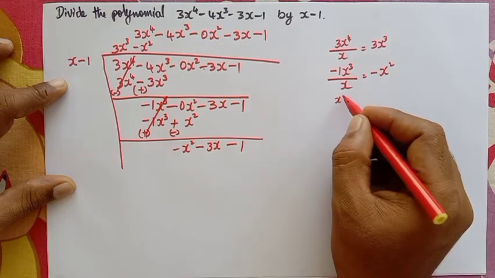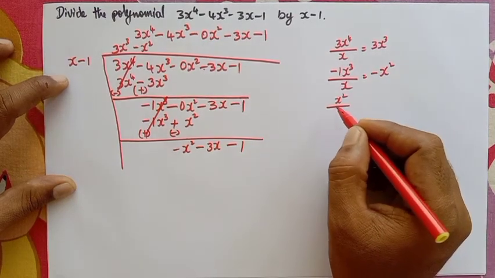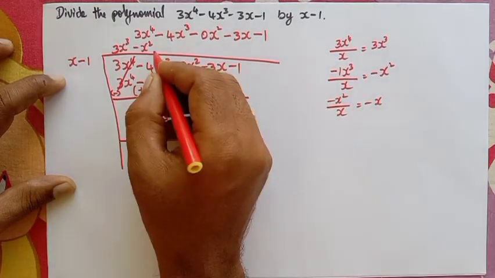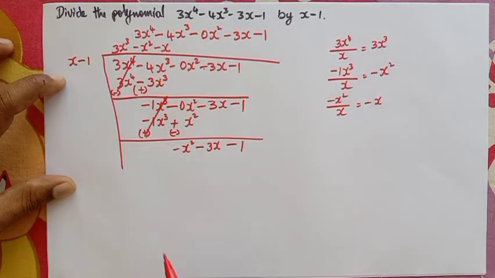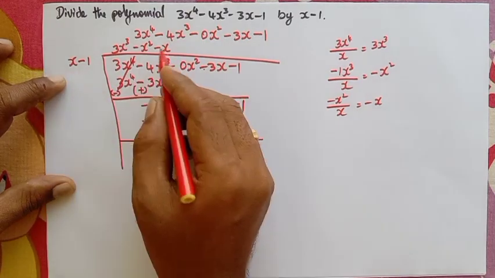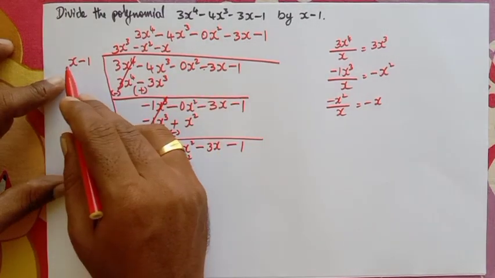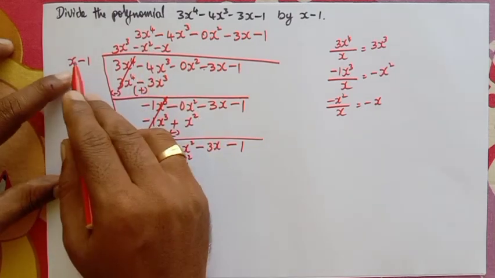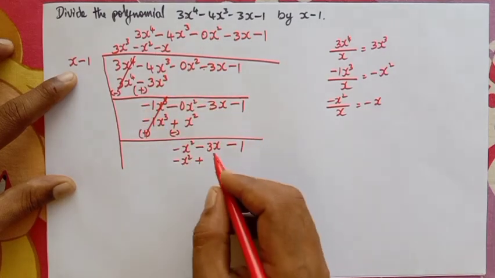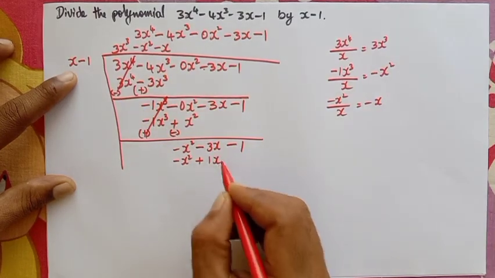Here minus x square when divided by x, we will get minus x. So we will multiply it with minus x. So minus x square, x into x is x square, plus into minus is minus. Next, minus into minus is plus 1x.